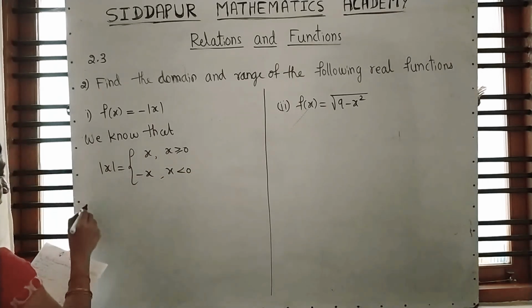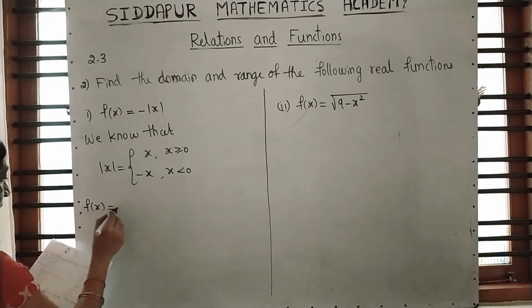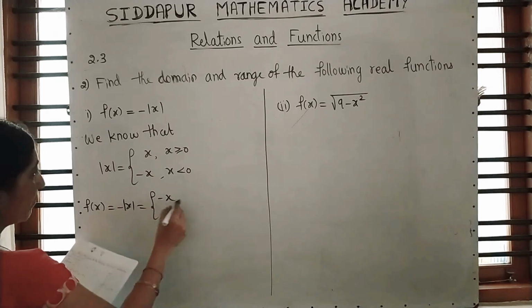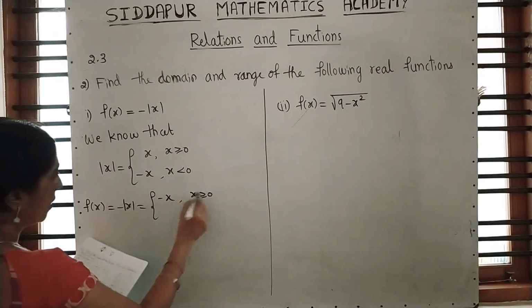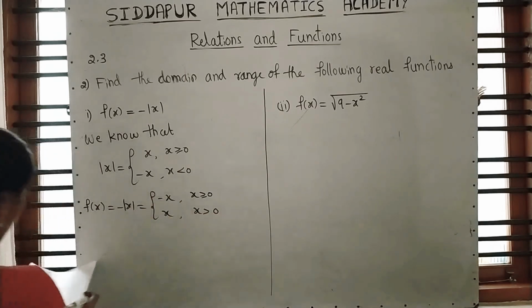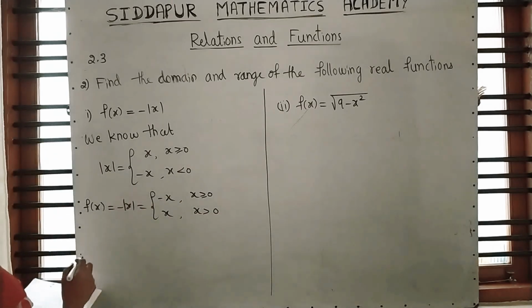If you take minus, how do you write? f of x is equal to minus of mod x. Each number is multiplied with minus. Understood? Yes. This is the definition for negative of modulus x.